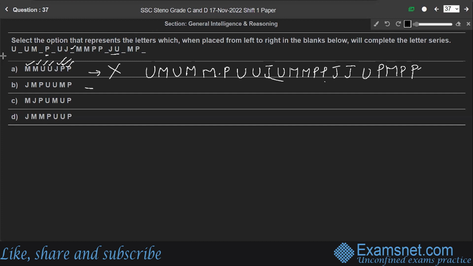Consider option B. Consider the first letter as it is, U, and the second letter should be J. So fill the first blank with J. So it becomes UJ.